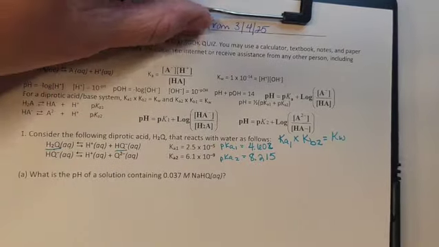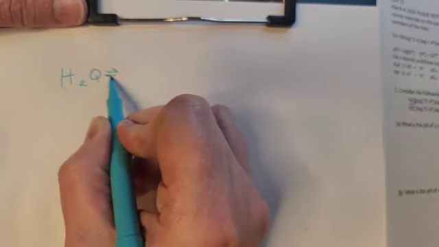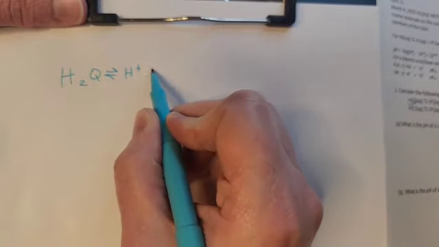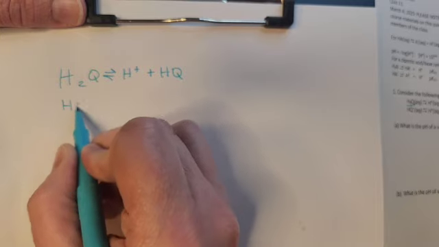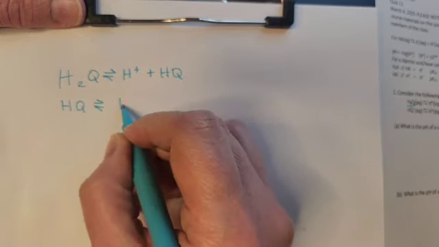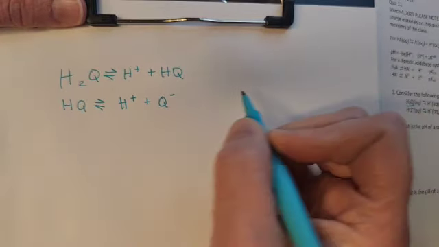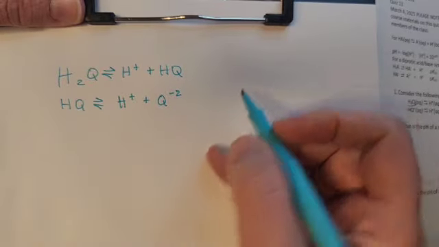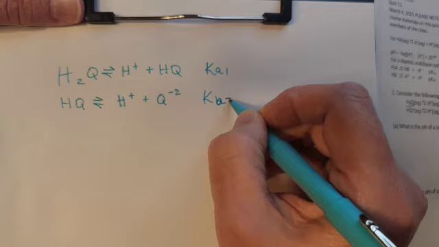So I'm going to just set this to the side, and we're going to write out our original equation: H2Q goes to H plus and HQ minus, and then HQ minus goes to H plus and Q2 minus. So this is Ka1 and Ka2, right?